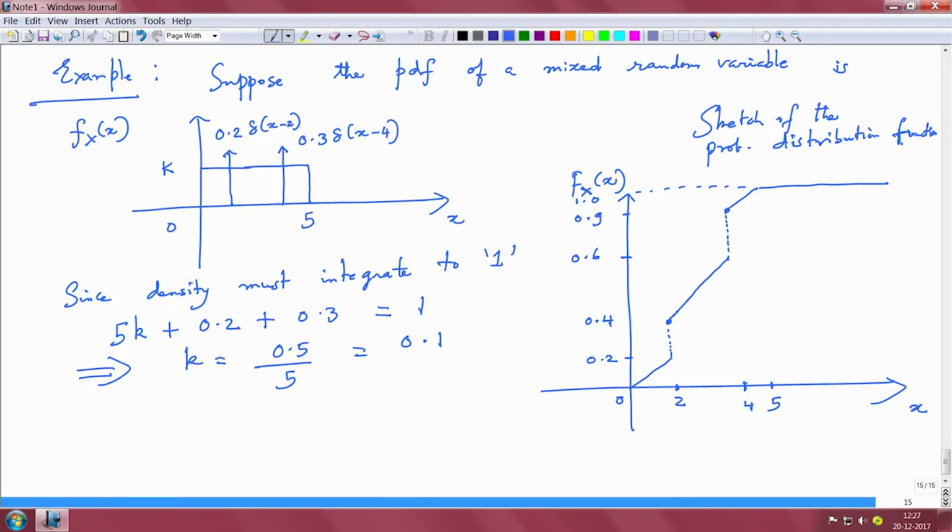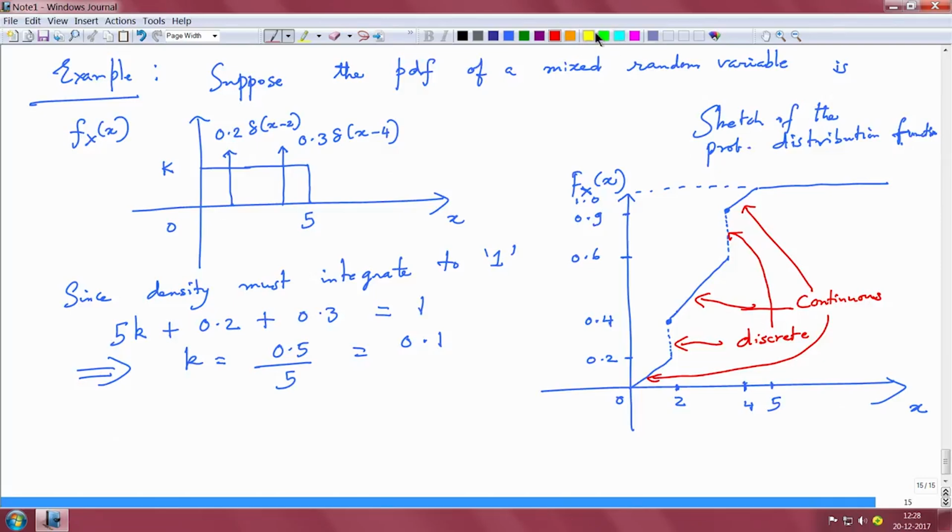So, I think this gives you an idea. At these points it is discrete, and at these points it is continuous. This is continuous, and these 2 points are basically discrete.